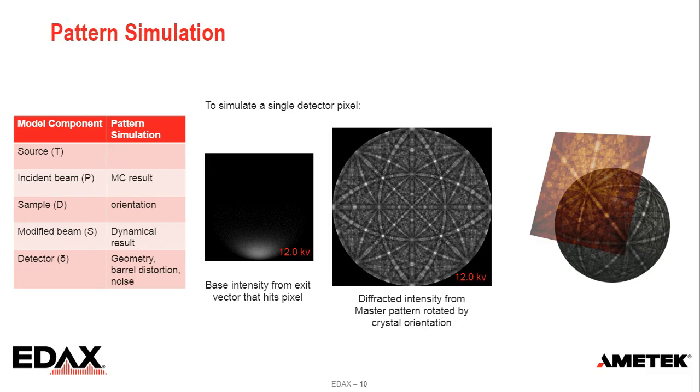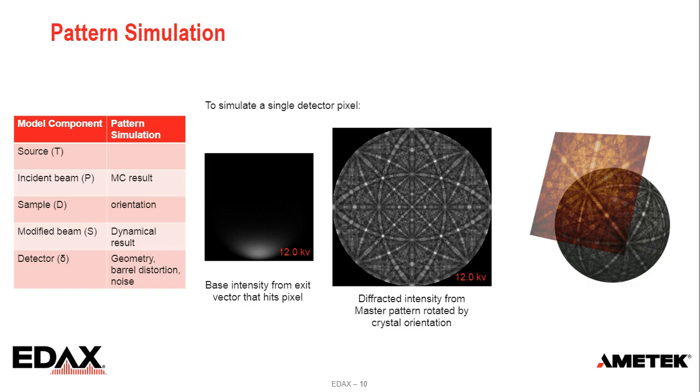And then finally, to simulate a pattern, you have this third, basically geometric, model that combines the two. The general idea is that you have some baseline intensity over the hemisphere from your Monte Carlo simulation, and you also have diffraction intensity from the dynamical simulation, and you're basically going to multiply those two together with the crystal diffraction pattern rotated by the orientation that you're interested in.